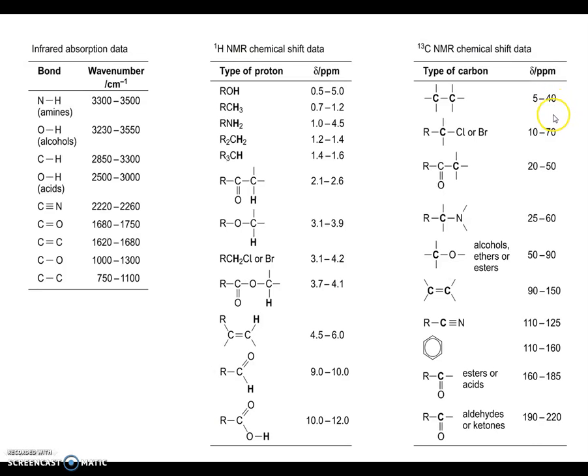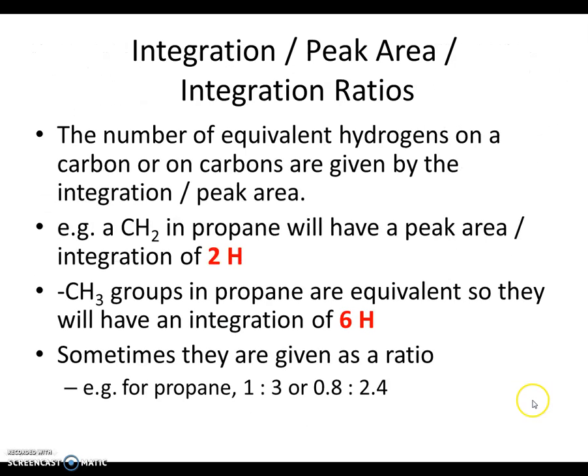It's just an empirical rule, it's not hard and fast. So some peaks may appear at a lower chemical shift value than perhaps you might think. But certainly the diagnostic peaks are the esters and acids, aldehydes and ketones, very high up.